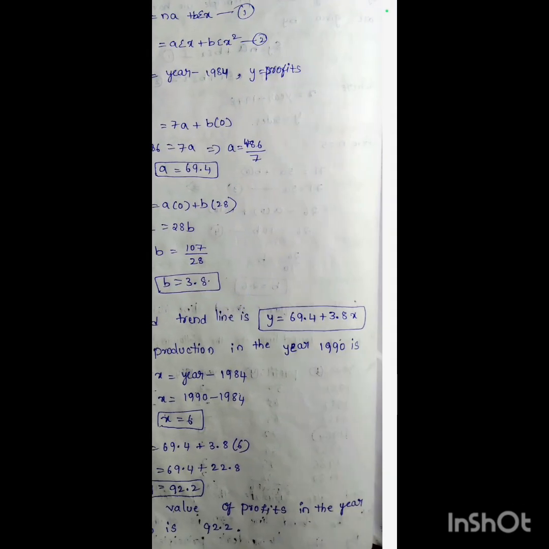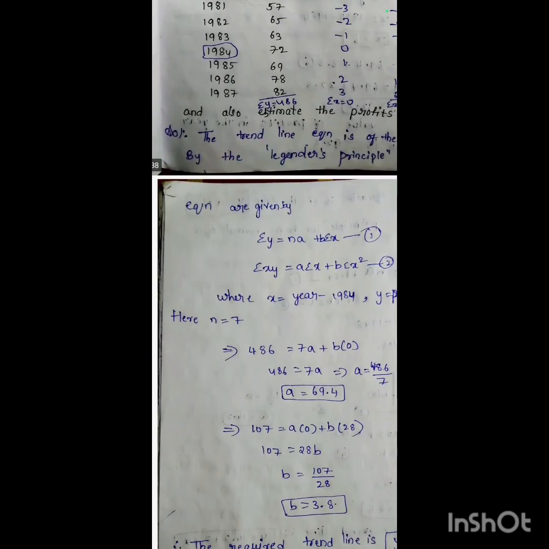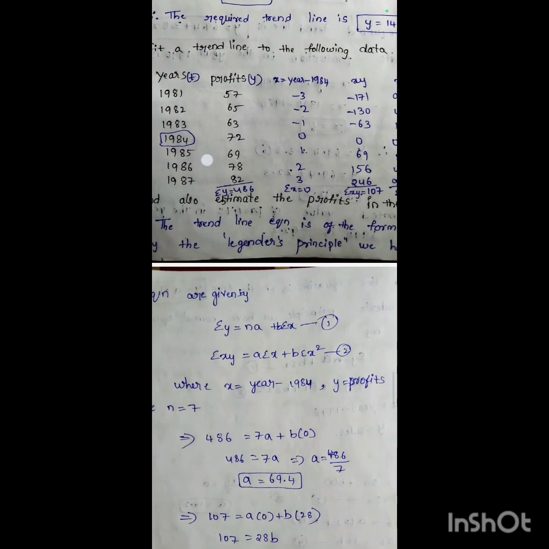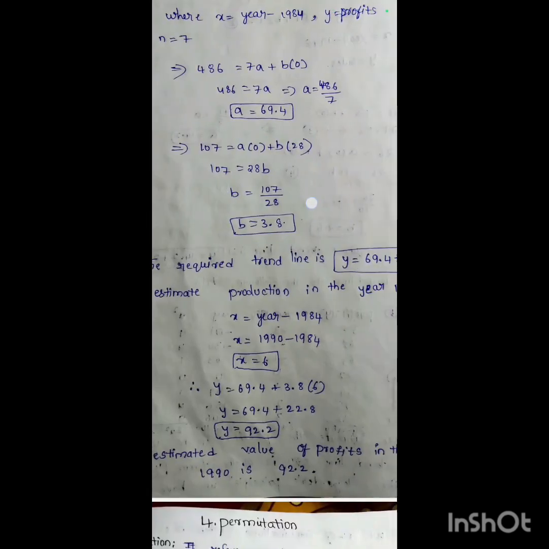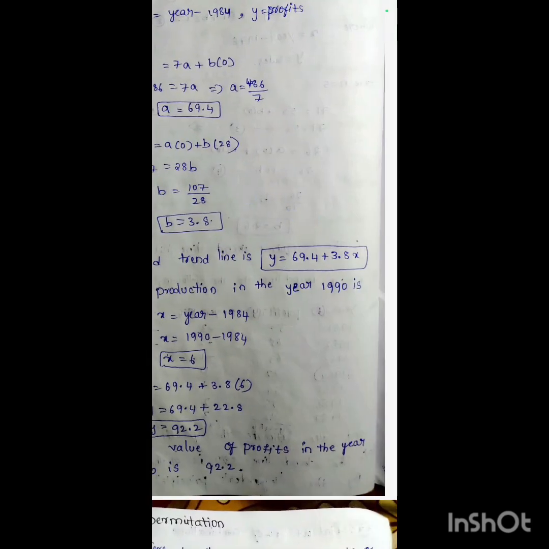So the estimate of production, or profits, in the year 1990. You can see the data is given up to 1987 only, but they are asking you to find out the value at 1990. So how are you going to estimate this value?